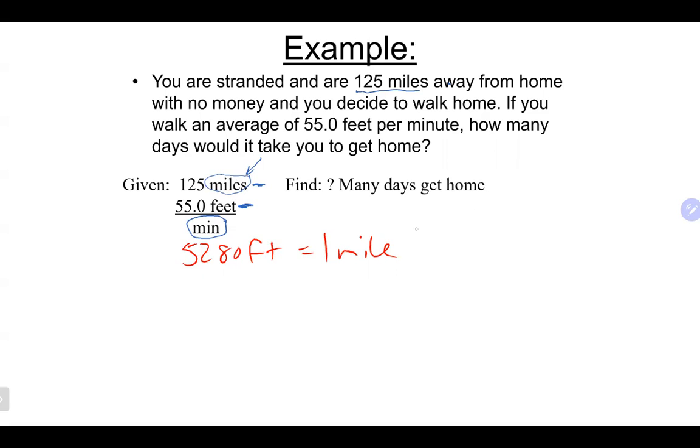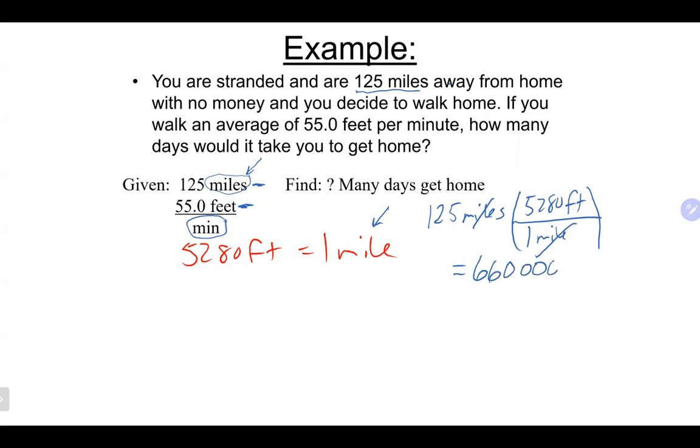To do that, we use our equality: 125 miles times 5,280 feet per 1 mile. Our miles cancel, giving us something like 660,000 feet.